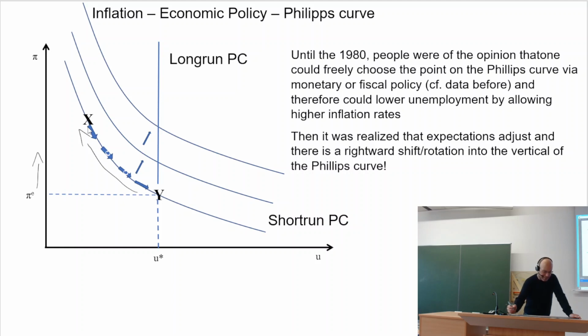But this is highly driven by the expectations of our agents in the economy. Because if you remember, this works only if the actual inflation rate is higher than our expected inflation rate.